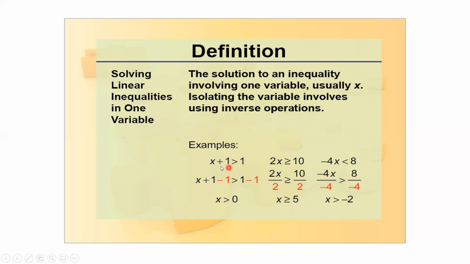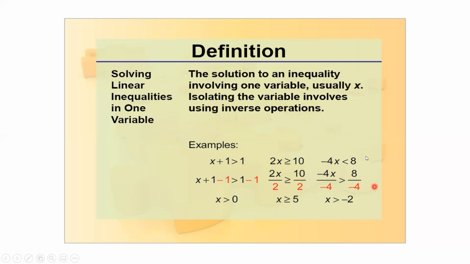Then take this 1 to the other side, it's going to be -1. So x is going to be greater than 0. Right? This example here, 2x greater than or equal to 10. There's nothing else to do, we just simplify it. So if we divide both sides by 2, then x is greater than or equal to 5.